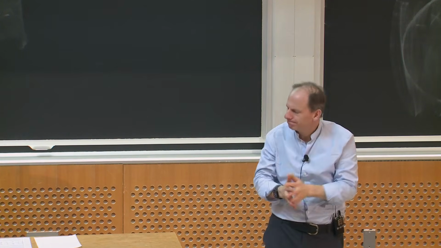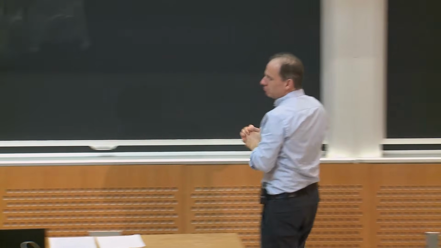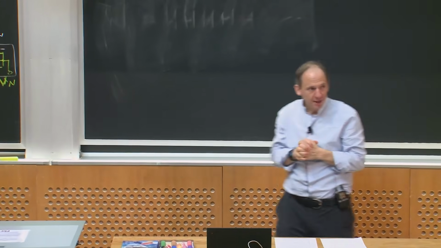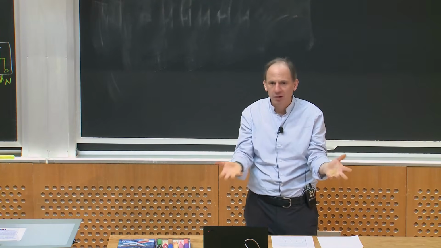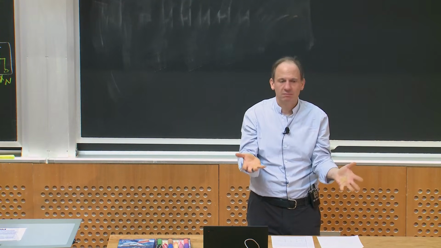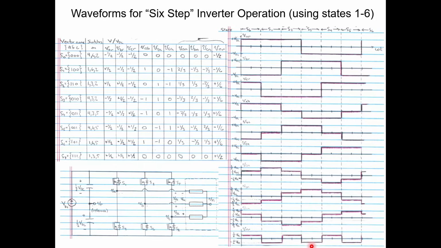Okay? That's a fine way to operate. And in fact, it generates the largest fundamental component you can generate out of this inverter. Why? Because each half bridge is basically generating a square wave. Okay? The largest fundamental component you can generate when you're not tying the neutral back to the reference point, I should say. Okay?